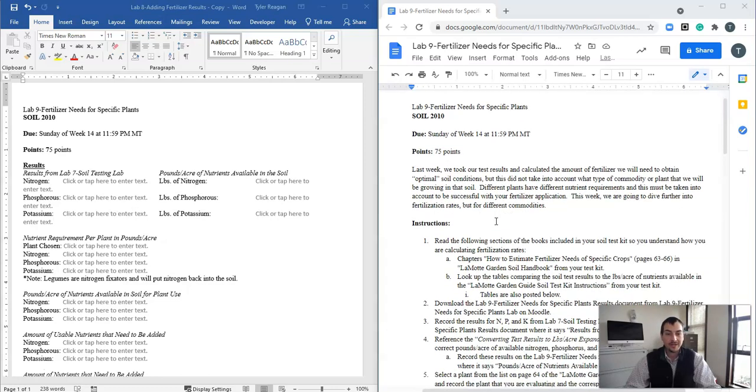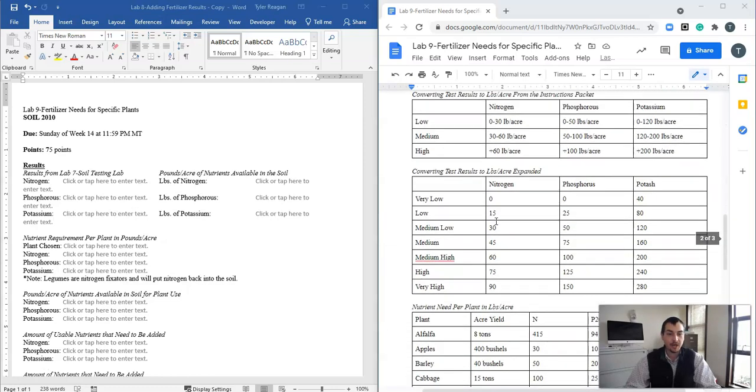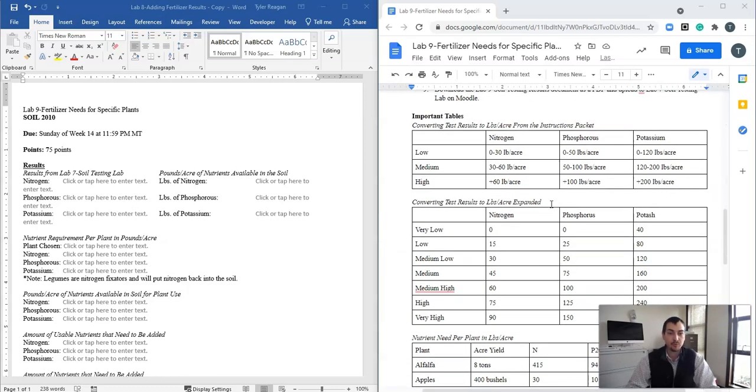So we actually put some important tables down here in the bottom of your document that we're going to need. First off, this first table is converting our test results to pounds per acre from the instructions packet. There in your soil test kit packet are the instructions on how to run that test.